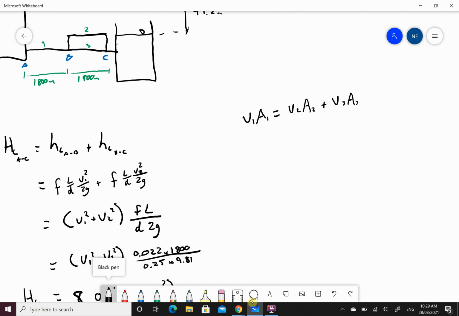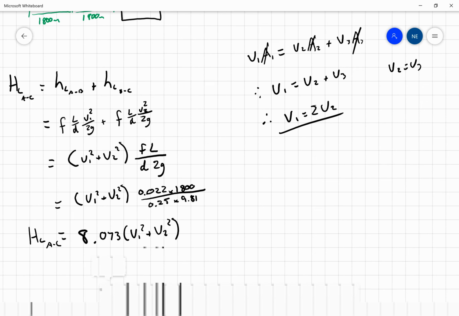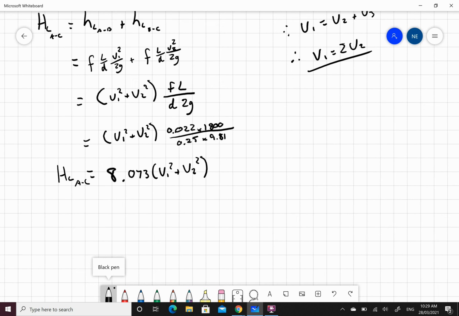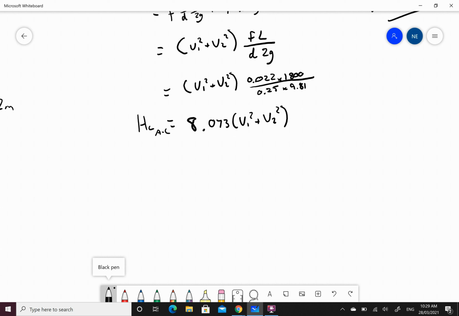All of the areas are the same, so V1 equals V2 plus V3, but V2 equals V3. Just by going through our continuity of flow, V1 is equal to 2 V2.